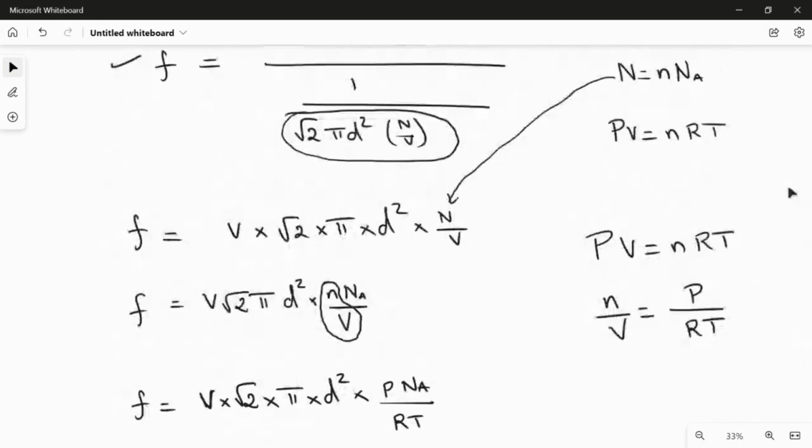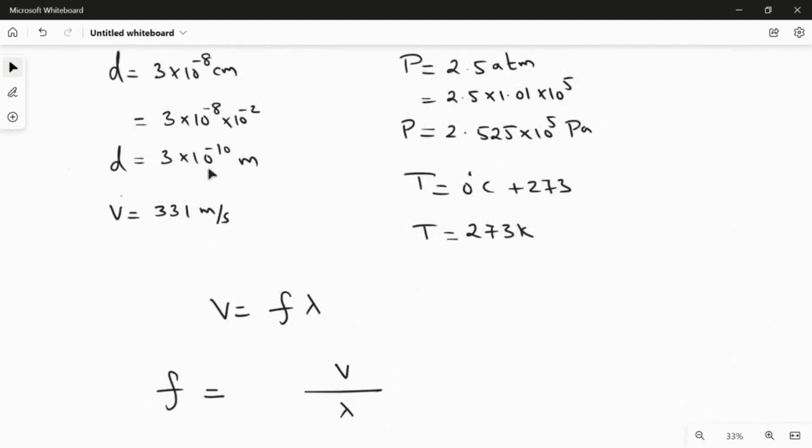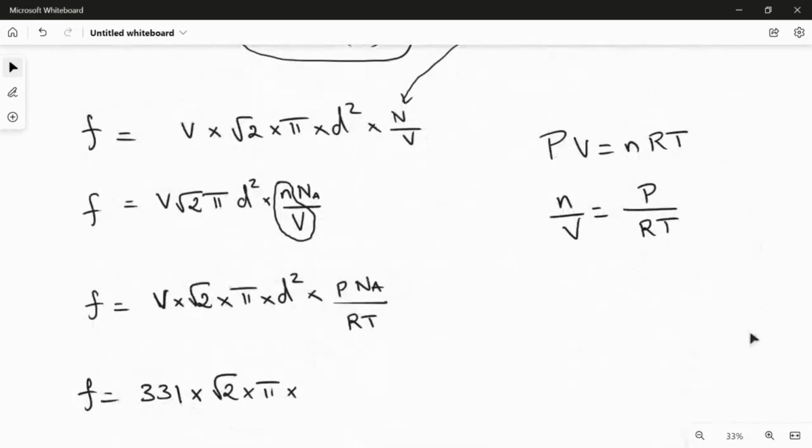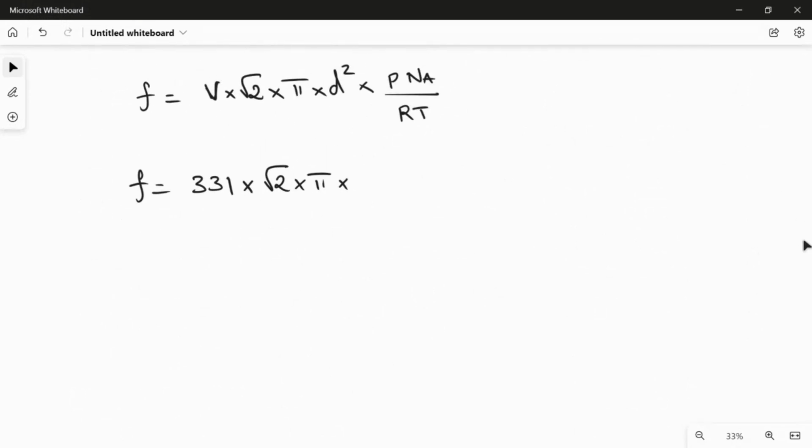The molecular diameter is 3 multiply 10 power minus 10 meter. I have to use this value here: 3 multiply 10 power minus 10, and because it's square, I have to square this.